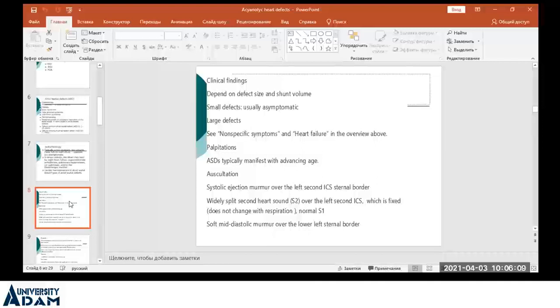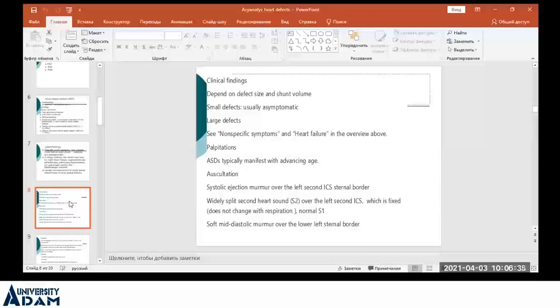And you should remember about auscultation peculiarities. Auscultation peculiarities of this defect is systolic ejection murmur over the left second intercostal space, sternal border. This question is meeting at your module and examination in institute.